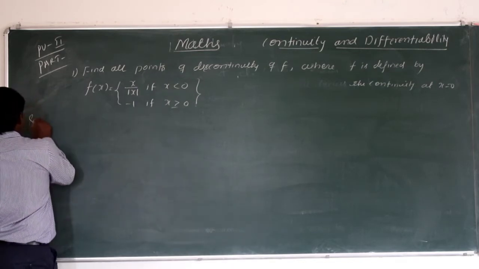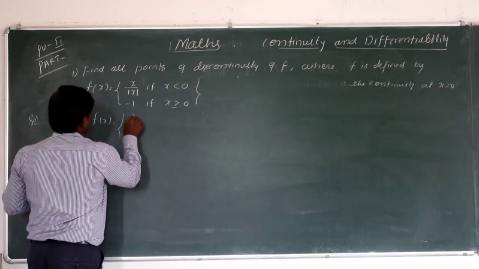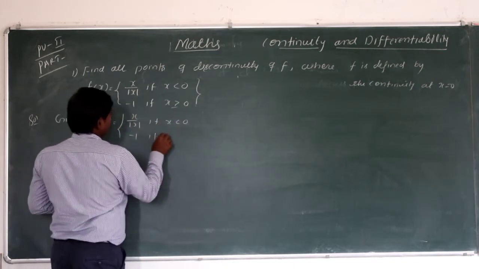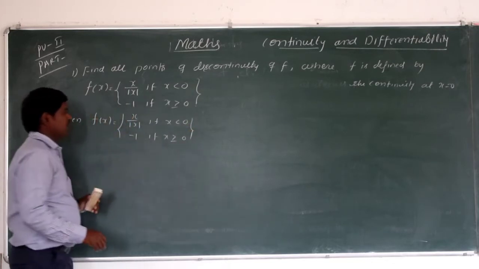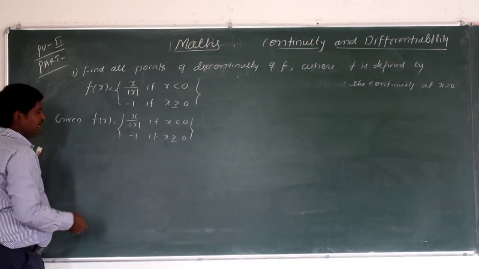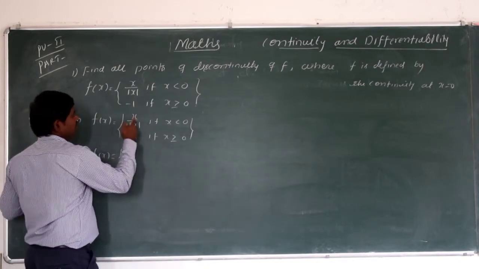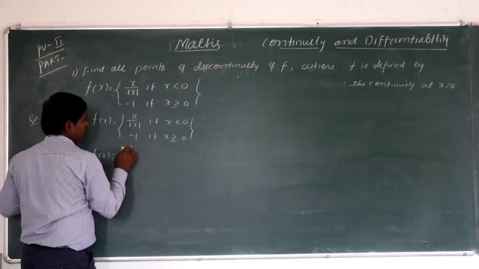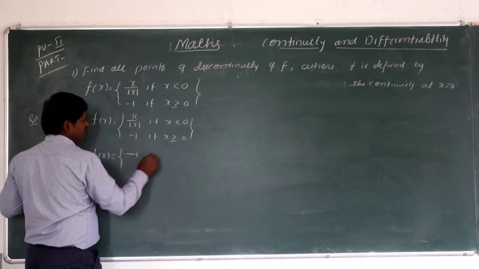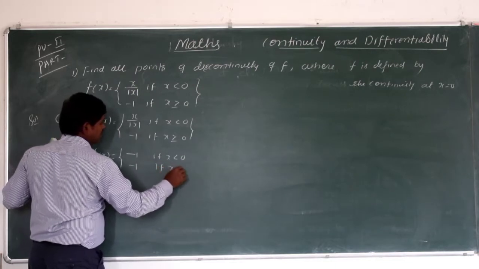Solution. Given f of x is equal to x by mod x if x is less than 0, and minus 1 if x is greater than or equal to 0. This can also be written as: for x less than 0, suppose I take a negative number, minus 1 divided by the same number made positive, so we get minus 1 if x is less than 0, and minus 1 if x is greater than 0.